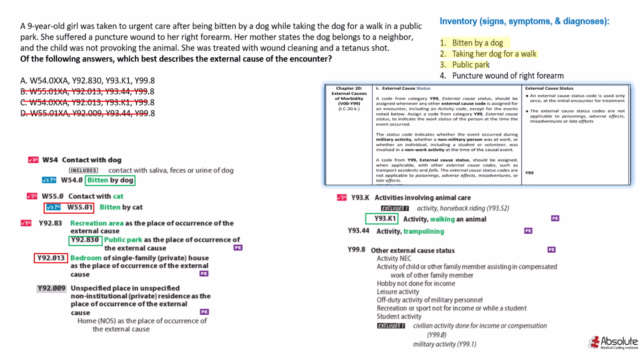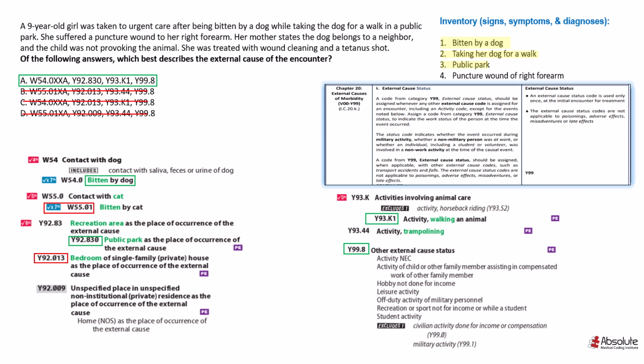Last, we have to look into the external cause status, which is Y99.8, and we can even consider this as a recreational activity, or simply code it under other external cause status. So the correct answer is going to be option A, W54.0XXA, Y92.830, Y93.K1, and Y99.8.